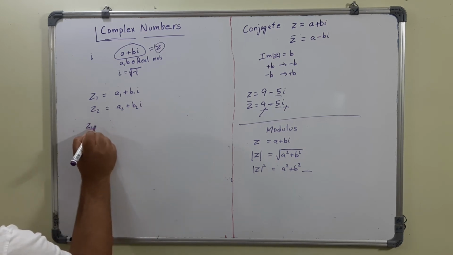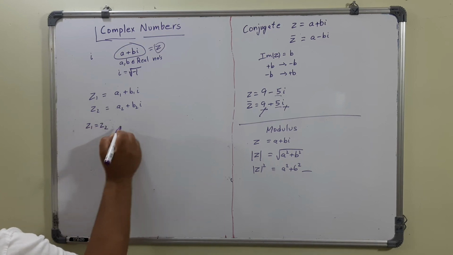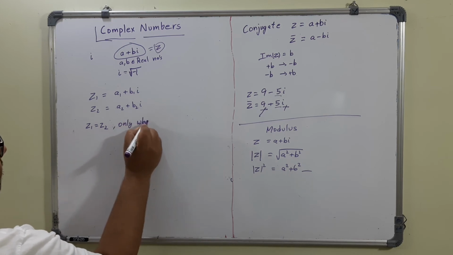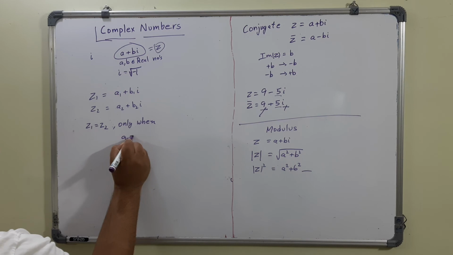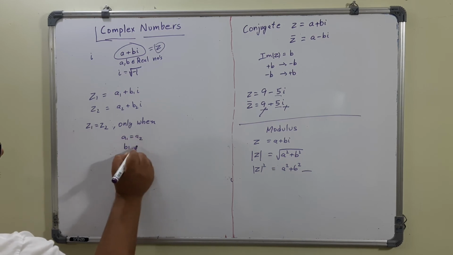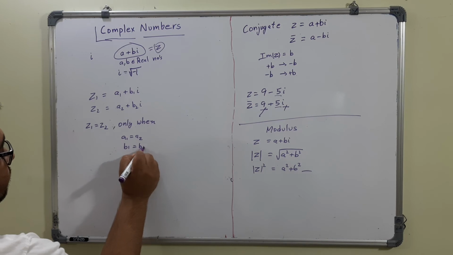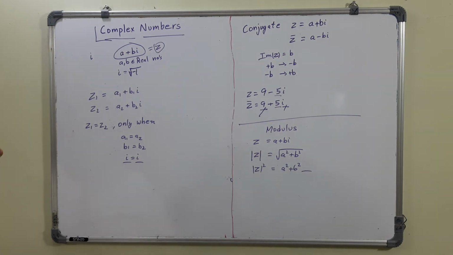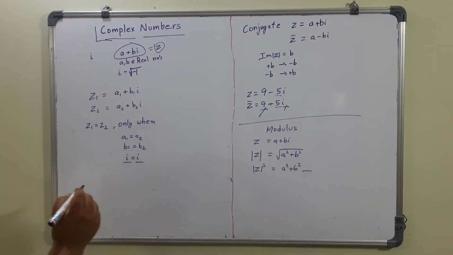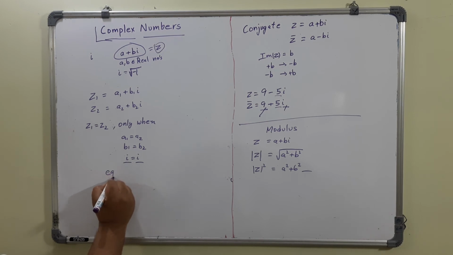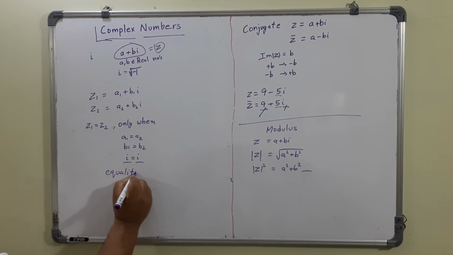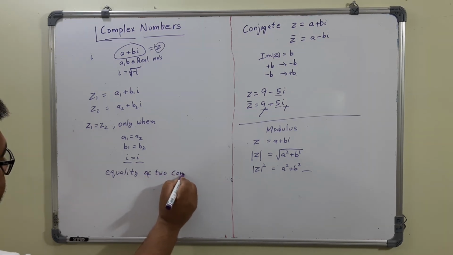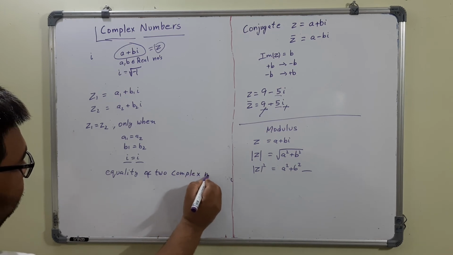When we say that z1 equals z2, this can happen only when a1 equals a2 and b1 equals b2, and i remains the same always. i doesn't change. So this is called the equality of two complex numbers.